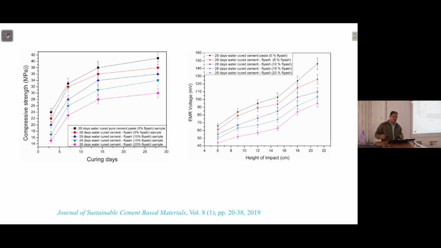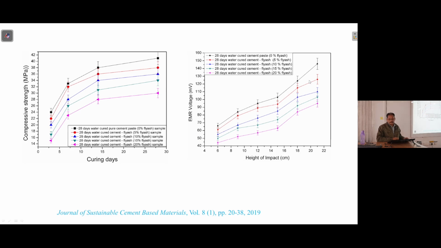And then these are a bit different trials, by changing the fly ash content. So this is the variation in compressive strength, and this is the variation in signal. Here the black one is for pure cement, and this pink one is the highest percentage of fly ash. So strength is continuously decreasing as you increase the fly ash content.